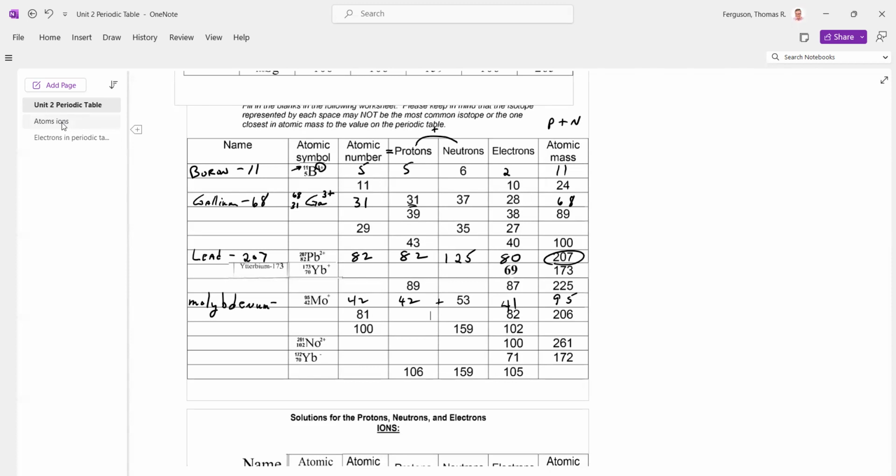Once you fill in the little details. This making sense? Cool. All right. I think most of you got a pretty good handle on this. Exactly.